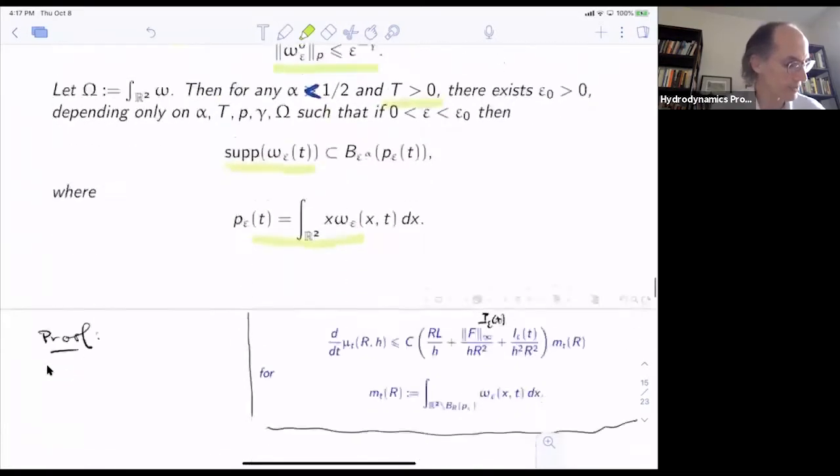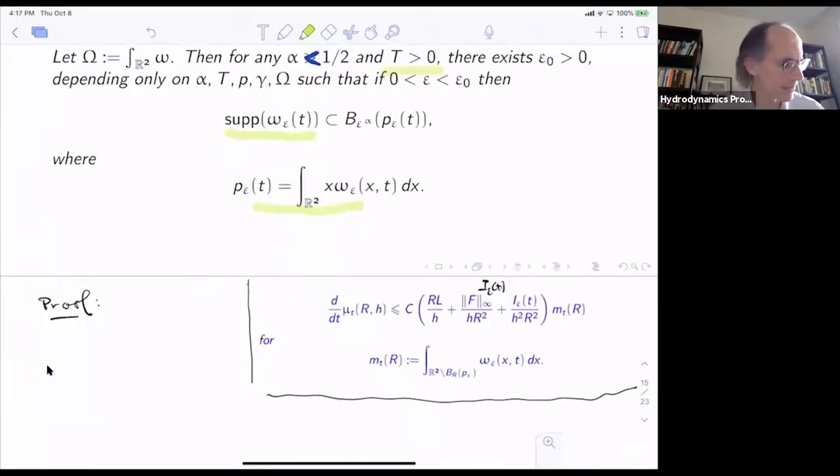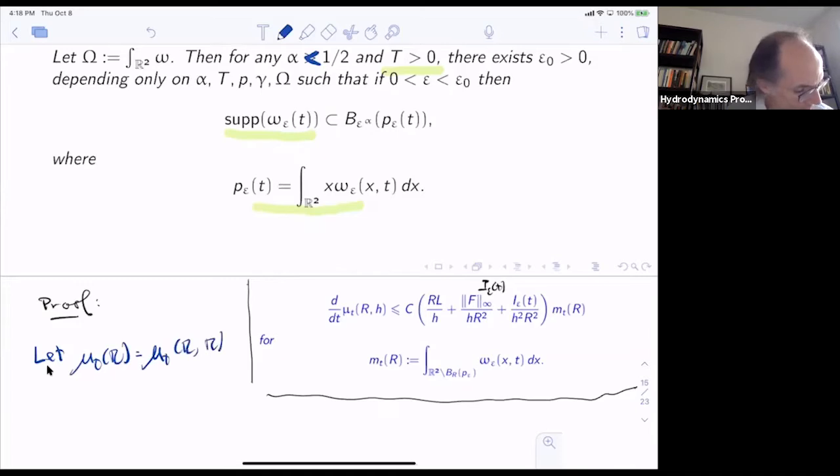Okay, let's see if we can prove this. And we'll need a bunch of things. So what do we do? So first, earlier I had this inequality for mu sub t of r and h. In this theorem, we'll use this again actually in a few weeks, but let mu sub t of r be mu t of r comma r.